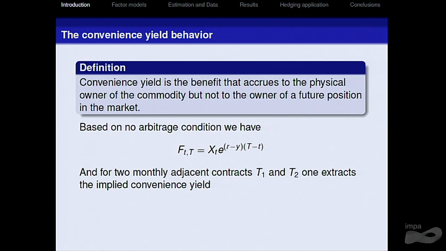If we extract this convenience yield from this equation using two contracts, we can write the implied convenience yield based on this formula.